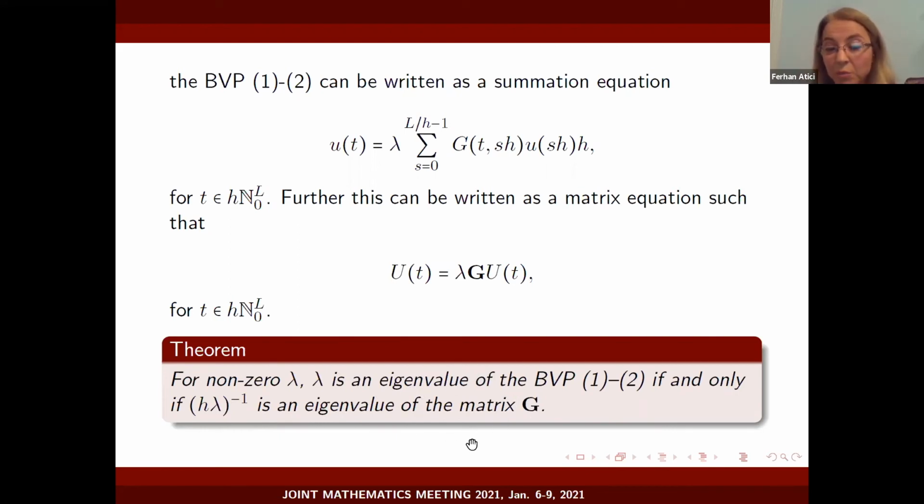And we are going to demonstrate this result with Mathematica, and as I said, Samuel is going to do this. Samuel is also going to show you this n by n matrix where n is 10. So he's going to show you the 10 by 10 matrix G, and then he's going to calculate lambda values for this G, which are called eigenvalues for the boundary value problem 1 and 2.